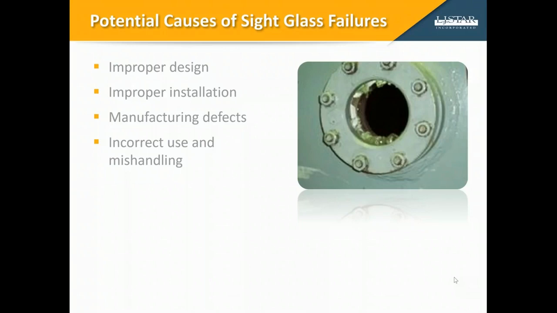There's also the potential for improper installation, such as over-tightening, uneven torquing, or debris trapped between the vessel and the sight glass. Manufacturing defects, such as flanges or glass that don't have flat and parallel surfaces, can lead to failures. Incorrect use and mishandling that introduces microscopic surface defects can also require premature replacement.